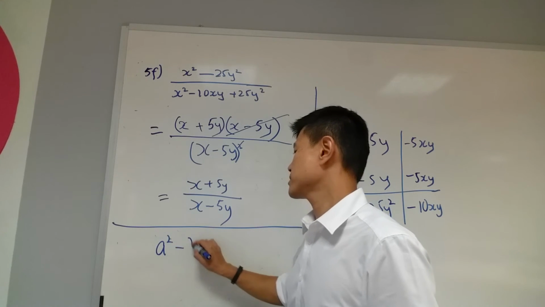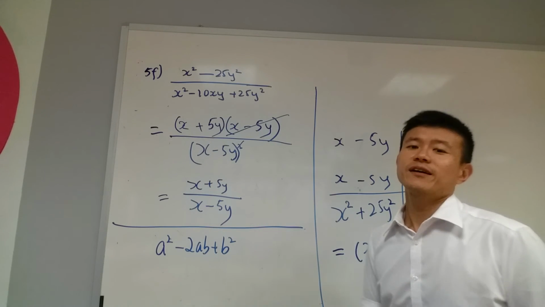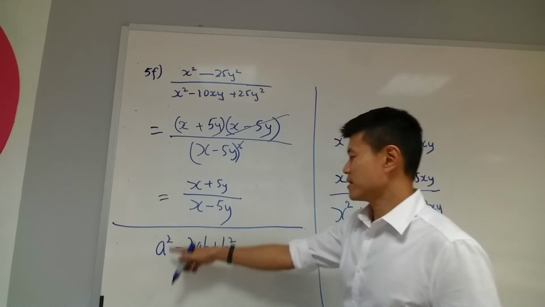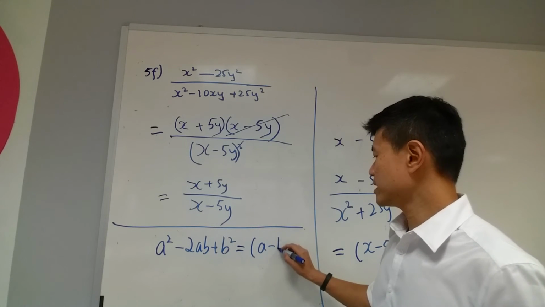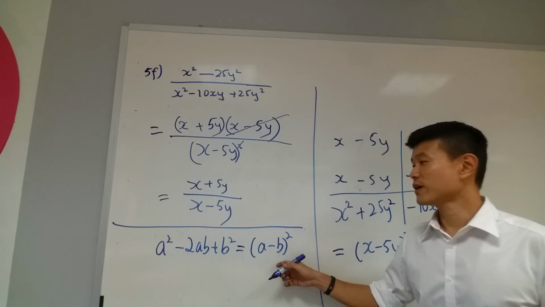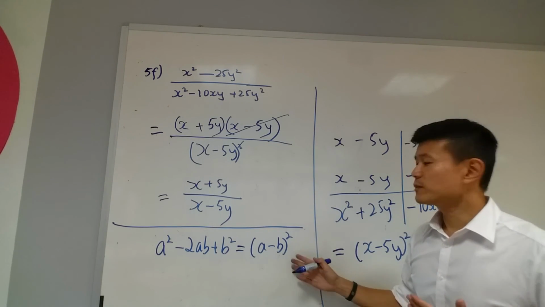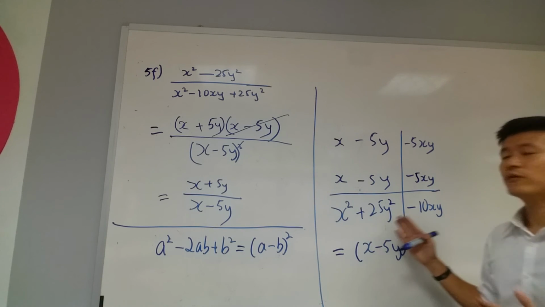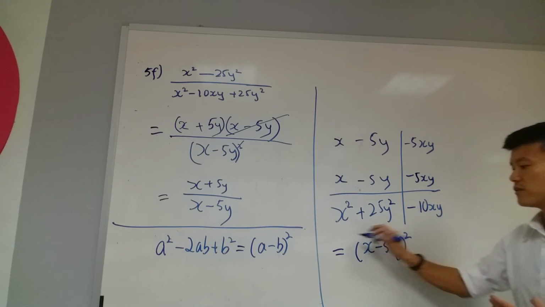This can be simply factorized as a minus b squared, and that's what we did. But if you're not comfortable with this identity, don't worry. You can always fall back to the cross method to get your factors.